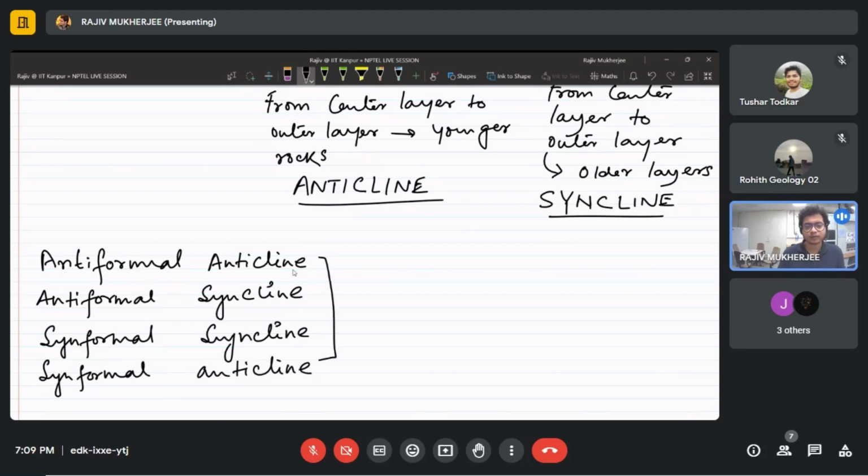These are the four possible types of folds. So for antiformal anticline, what would happen?